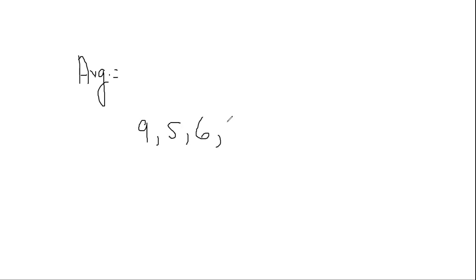And another person scored, let's say, 4 marks, right? So I want to find out what is the average mark, right? Average is a concept, basically, like what is the mark that the whole class obtained. Obviously the whole class obtained different marks, but average means something that is in between, right?